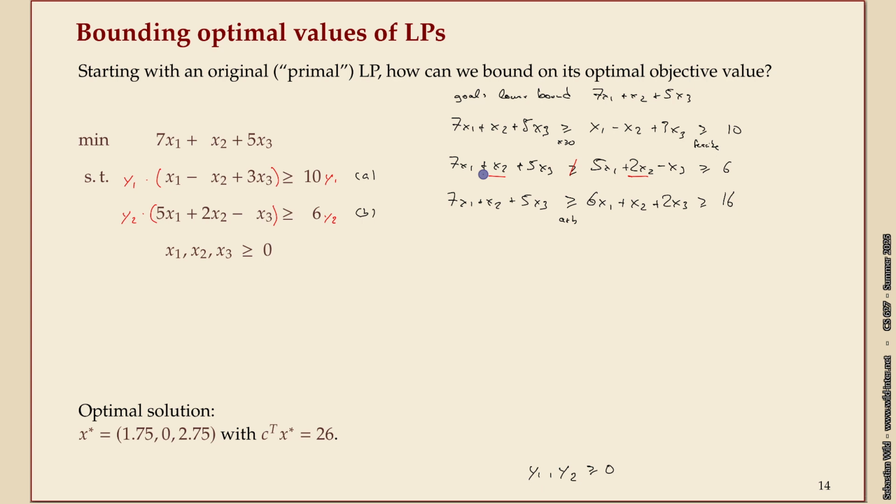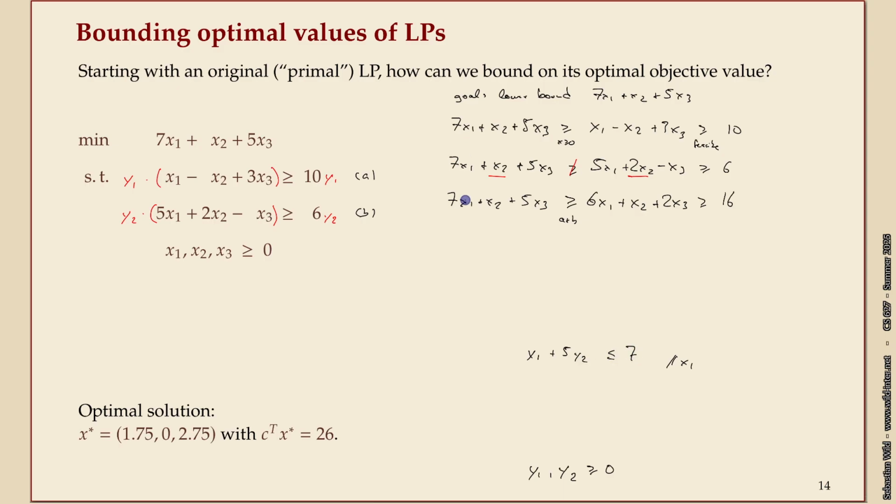So for x1, I want to make sure that y1 plus 5y2 is at most 7. Otherwise, I don't get this bound.